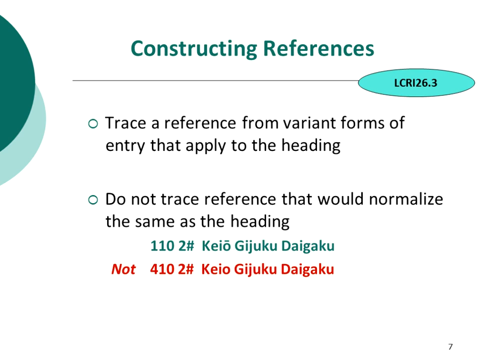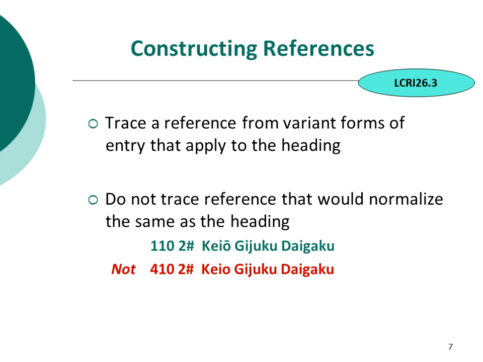Constructing references generally traces a reference from variant forms of entry that apply to the name chosen for the heading. So nothing new to all of us. We refer from a name used by a body or found in references that is significantly different from that used in the heading for that body.